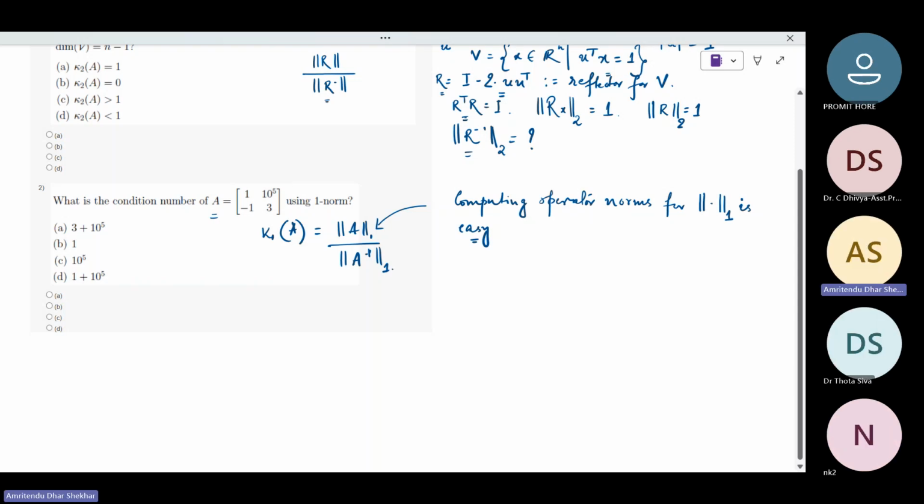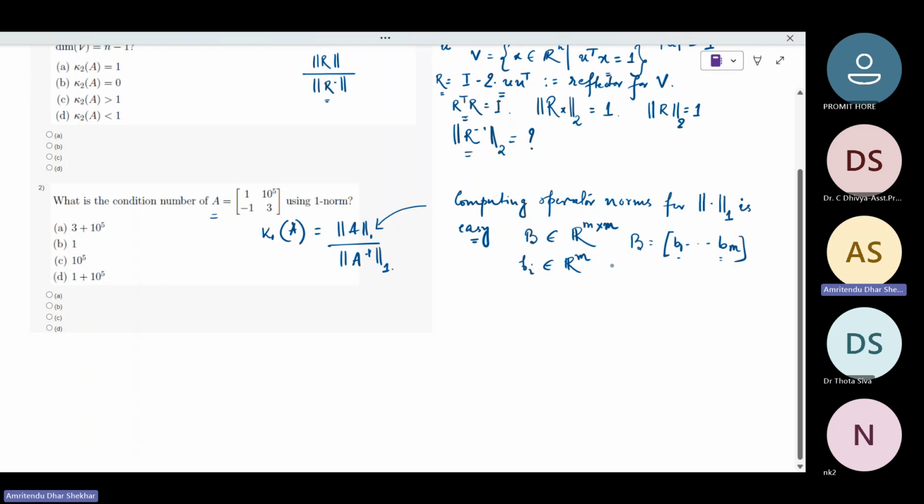Let's say you are given some matrix B, which is an n cross m matrix. You write B as B1 up to Bm. These are the columns of B. Each Bi is itself a vector in R^n.